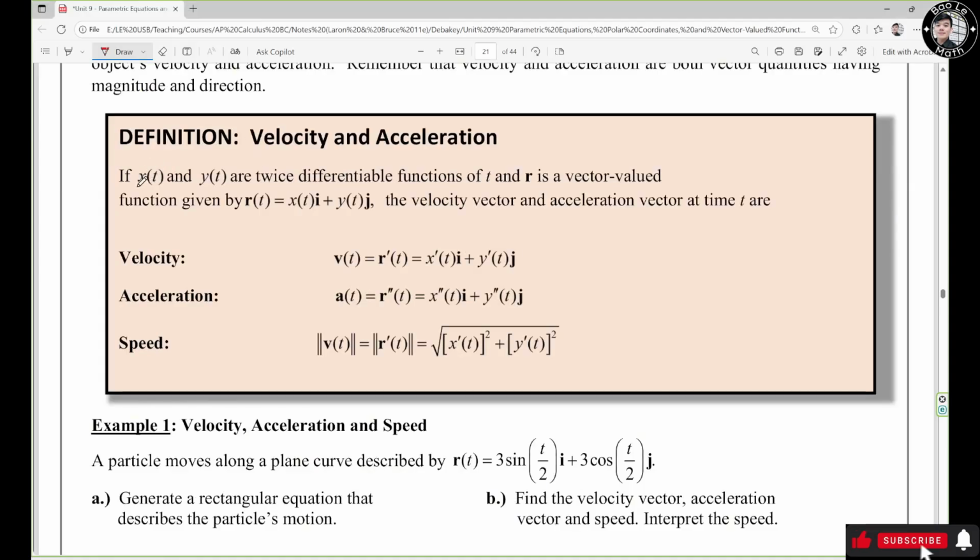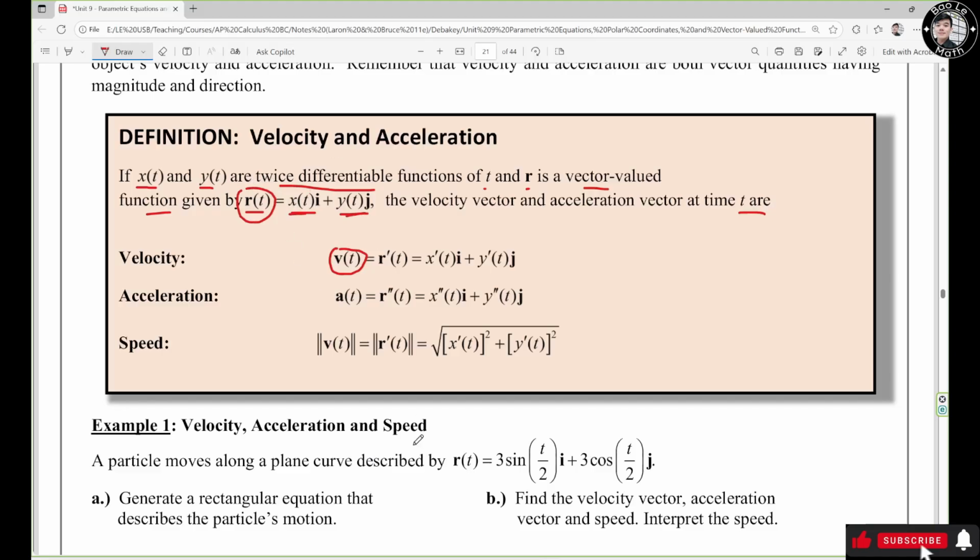If the functions x of t and y of t are twice differentiable functions of t, and r is a vector-valued function given by r of t equals x of t i plus y of t j, then the velocity vector and acceleration vector at time t are as follows. v of t is the first derivative of this one, so you need to take the derivative of each component.